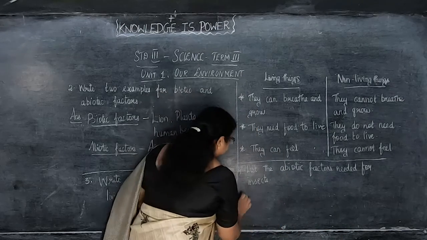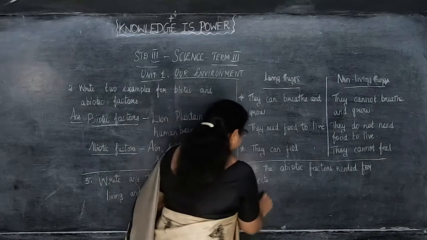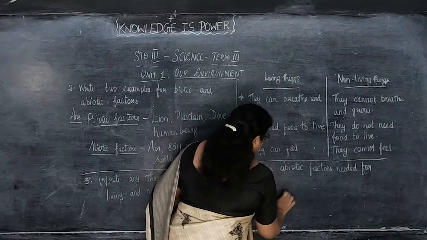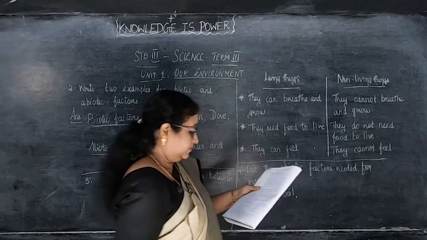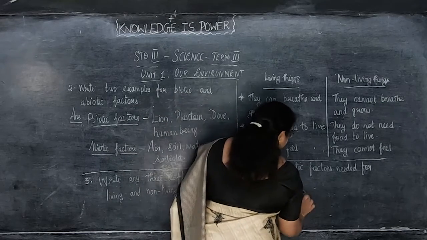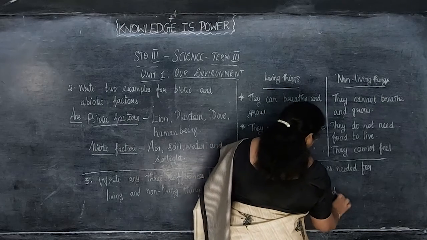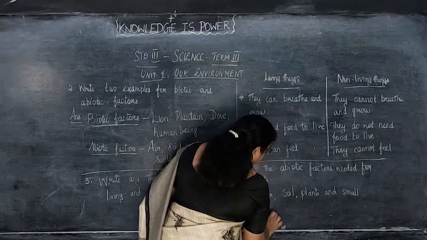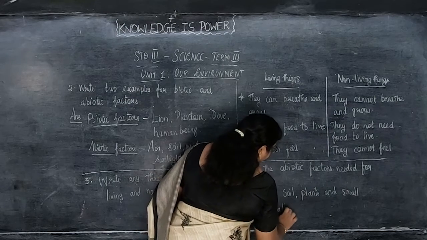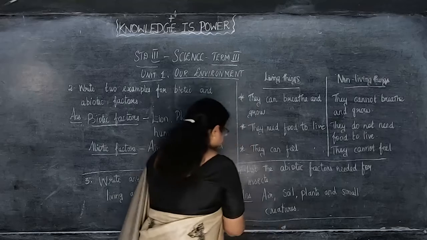Okay. So the answer is air, soil. Soil means what? Then plants and small creatures. Small creatures, there will be small insects, right? Small creatures.